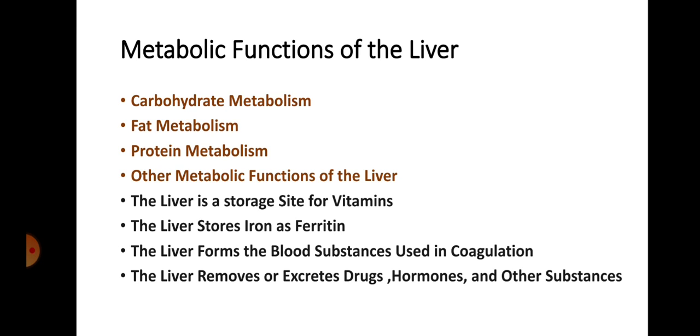Similarly, several of the hormones secreted by the endocrine glands are either chemically altered or excreted by the liver, including thyroxine and essentially all the steroid hormones such as estrogen, cortisol, and aldosterone.